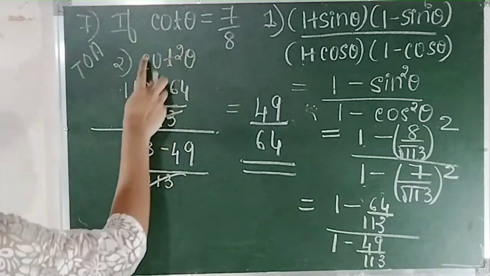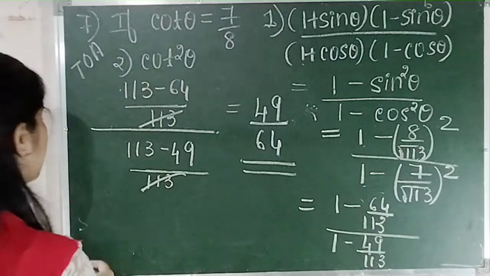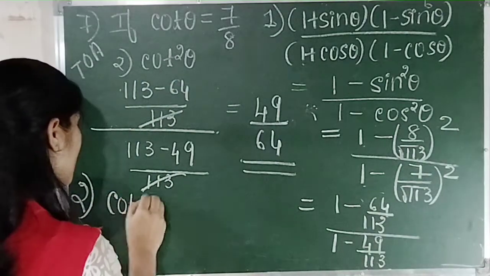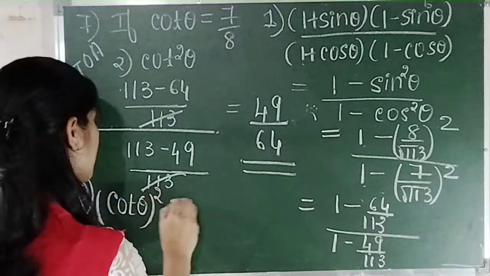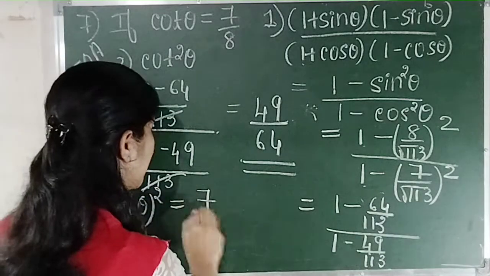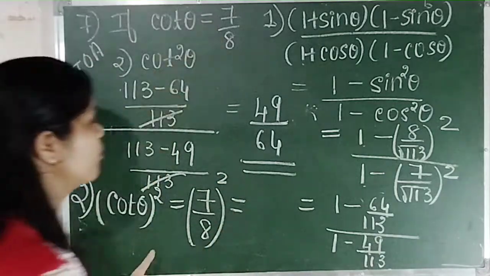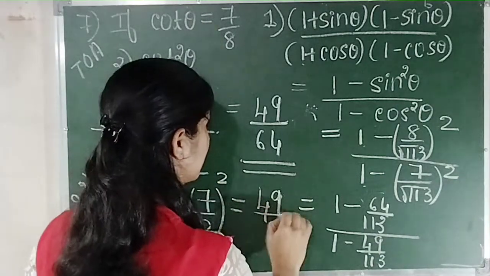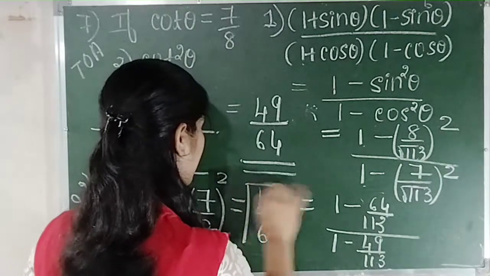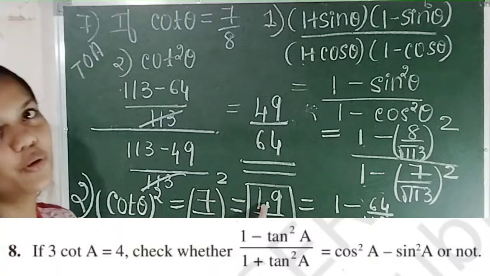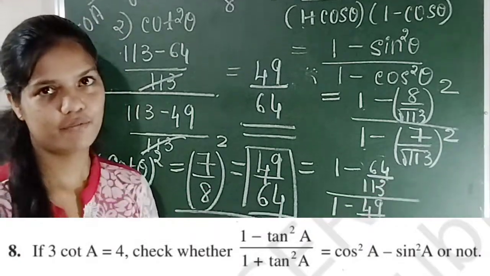Now find the value of cot square theta. The second question is cot square theta, that is nothing but cot theta whole square, that is 7 by 8 whole square, 49 divided by 64. So the value of cot square theta is equal to 49 divided by 64.